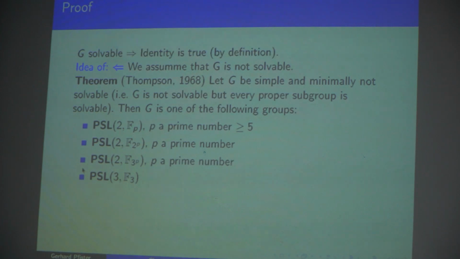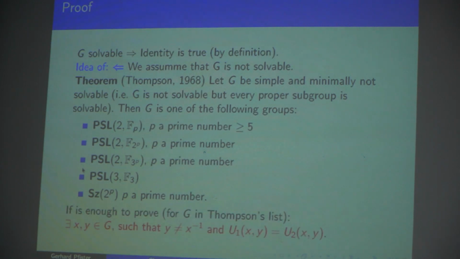PSL3 F3. And that's why I gave you an idea of the Suzuki groups. The Suzuki group is in this list. And what we have to prove, for every group in Thompson's list, is that we find x and y in the group, y not equal to x minus 1, and u1 of xy is equal to u2 of xy.